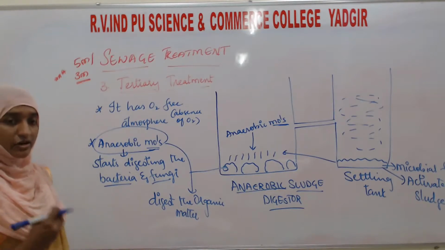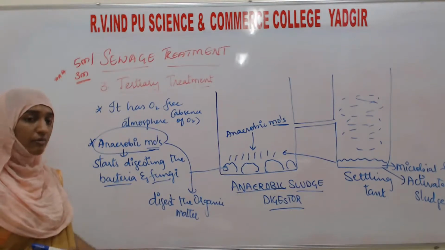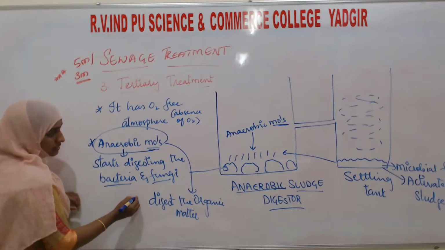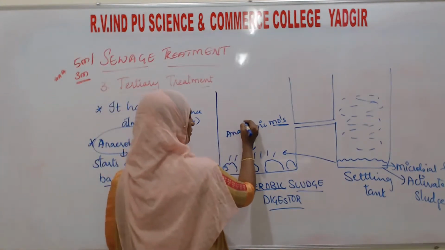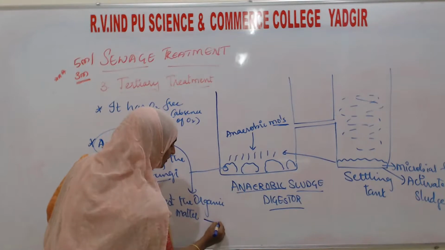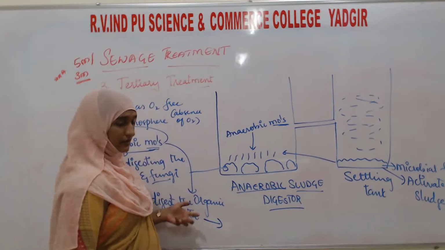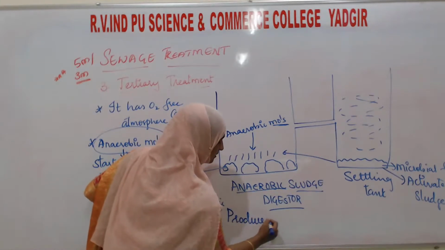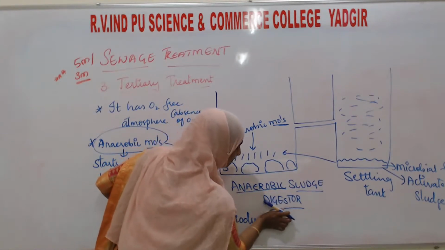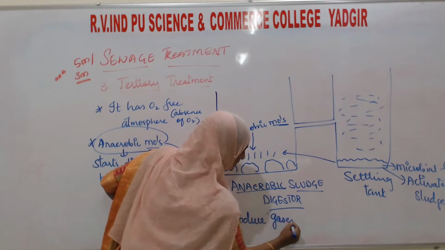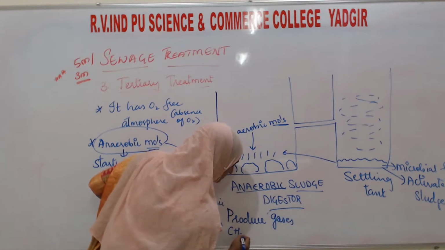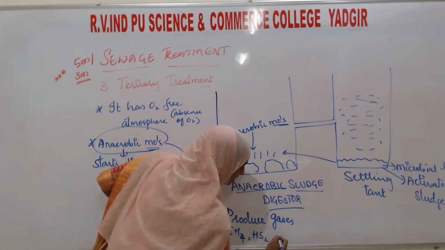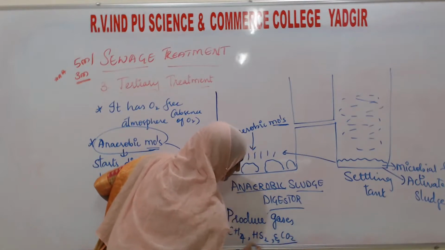After digesting the organic matter and the bacteria and fungi, they will start to produce gases such as methane, hydrogen sulfide, and carbon dioxide.